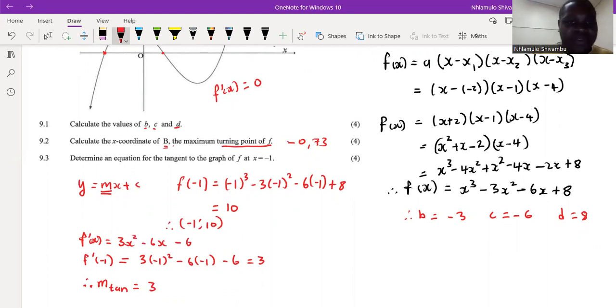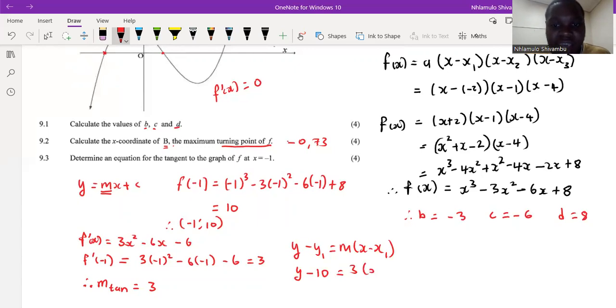Now that you have the gradient of the tangent, you can get the equation by simply using y minus y1 equals m times x minus x1, or other methods of determining the equation of a straight line that are convenient to you. We take the point of contact and substitute it for y1 and x1. So this is y minus 10 equals 3 times x minus minus 1, which is x plus 1.